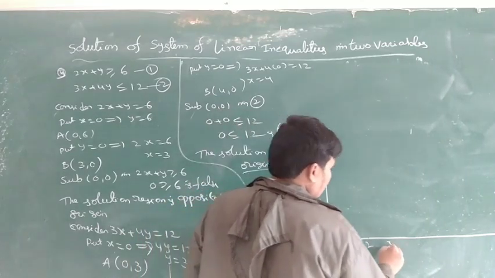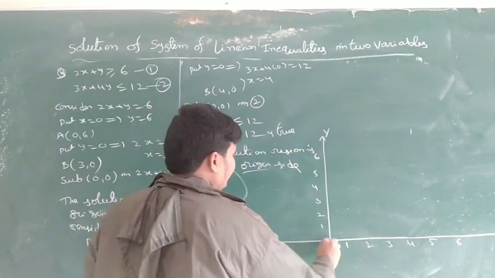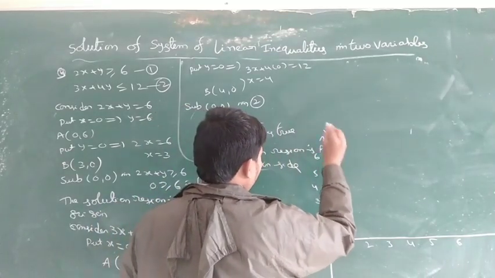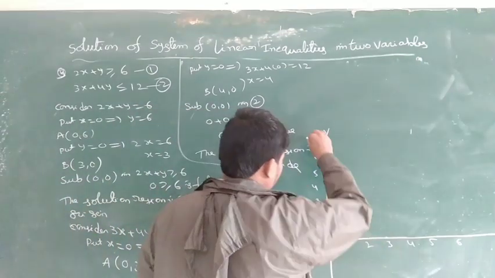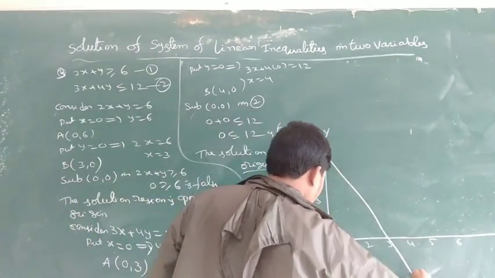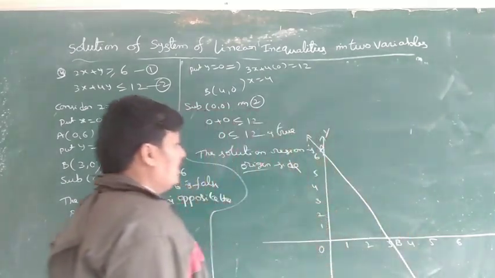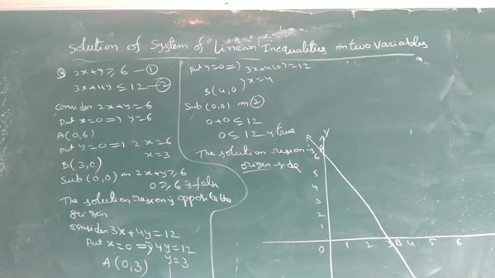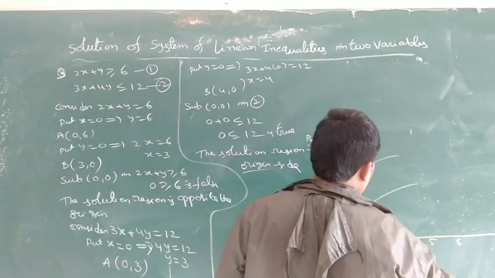This is point A. B is 3 comma 0. This is point B. Draw the line using the scale. Now 0 greater than or equal to 6 is false. False means opposite to the origin.